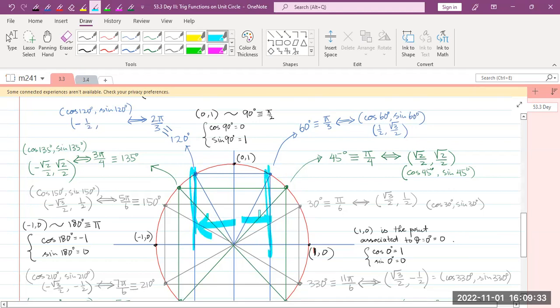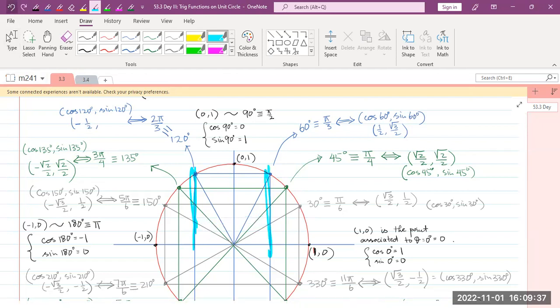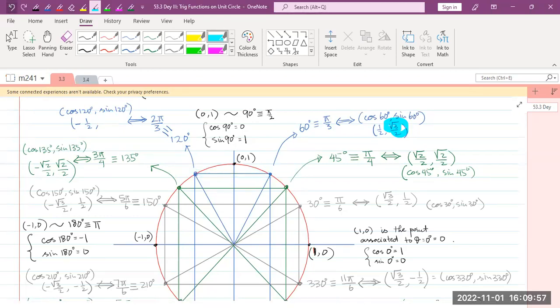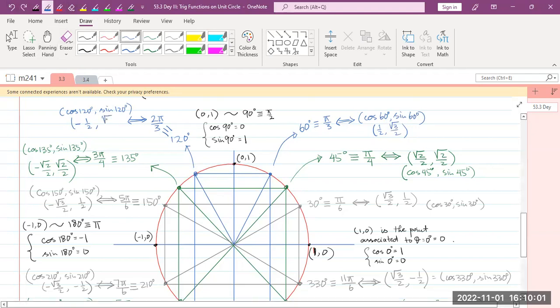One of them goes to the right, the other one goes to the left. The y component, on the other hand, is the same as this one. The y components are the same. Okay. So the y component must be radical 3 over 2.